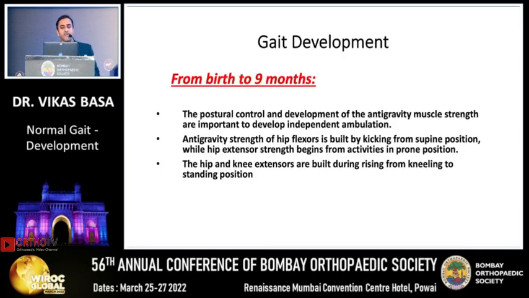For the development of independent ambulation, postural control and development of anti-gravity muscles is very important. By kicking from supine position, children strengthen the anti-gravity muscles, the hip flexors. From activities in prone position, they strengthen the hip extensor muscles. Both hip and knee extensors are built during the rising from kneeling to standing position. This is very important for the beginning of the gait.